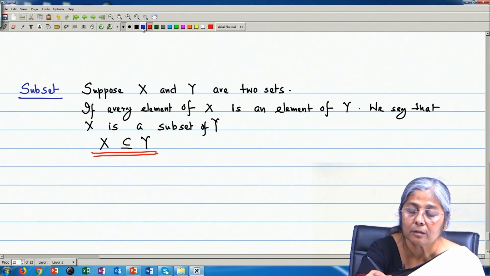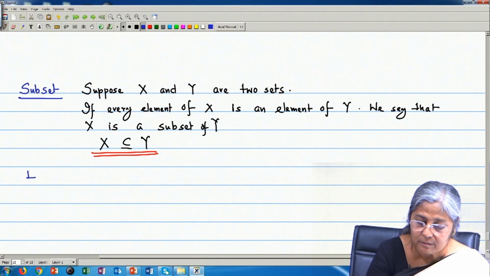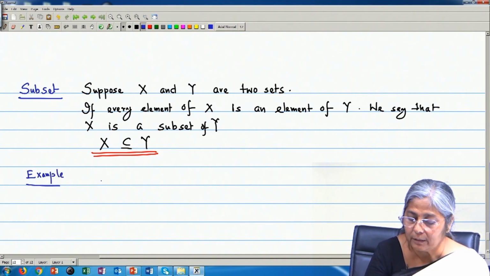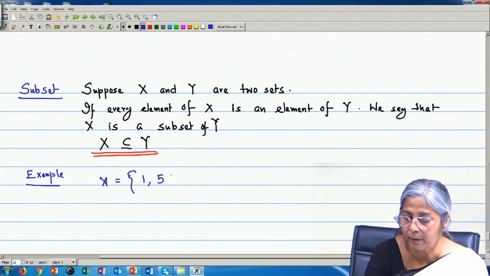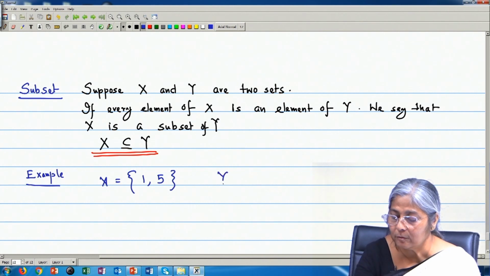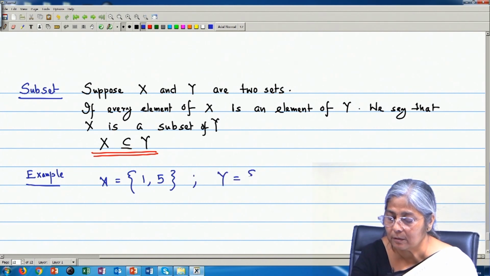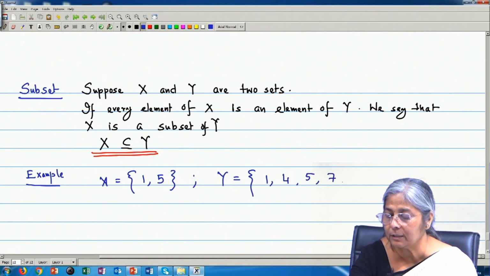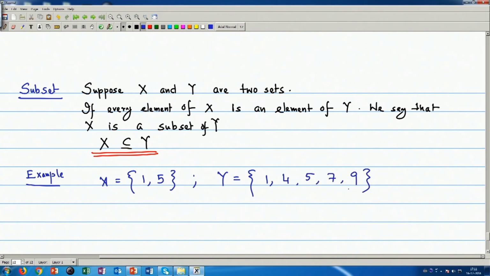We can take a very simple example. Say my x is 1 and 5, and y is a set, say 1, 4, 5, 7, 9. What we see is that every element of x, 1 belongs to y and 5 belongs to y.